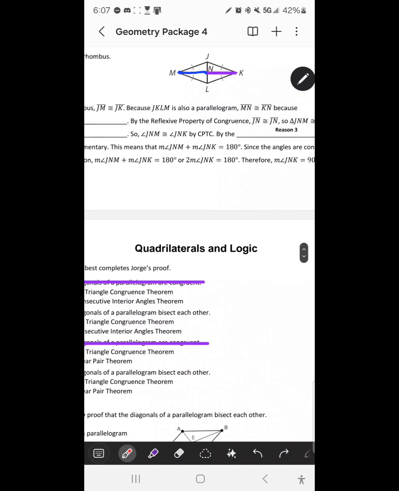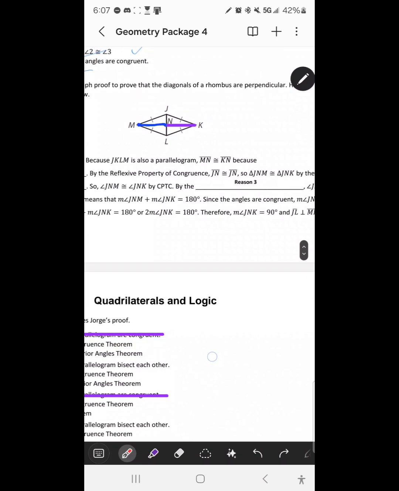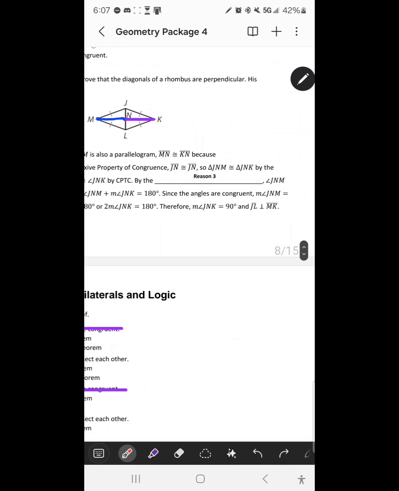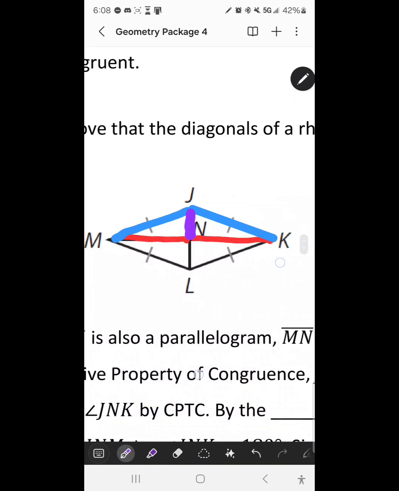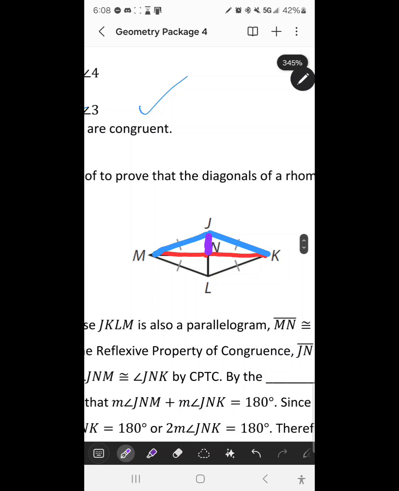Now let's see. By the reflexive property of congruence, JN is equal to JN. So let's make sure what we have. We have this side congruent to this side. We established before this side is congruent to this side. Then we established that this side was congruent to itself because of the reflexive property, so we have side, side, side.